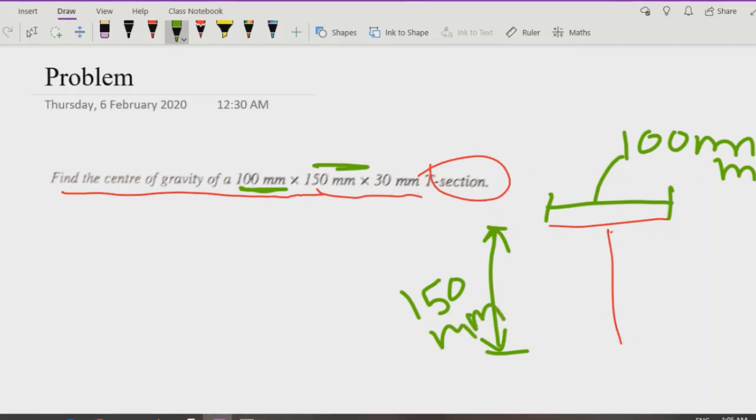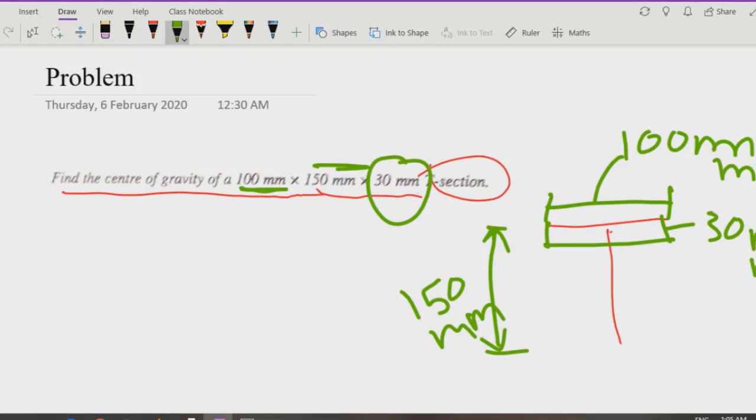Now the third dimension tells us about the thickness. This thickness will be 30 mm. And not only for the flange, it also tells us the thickness of the web as well.